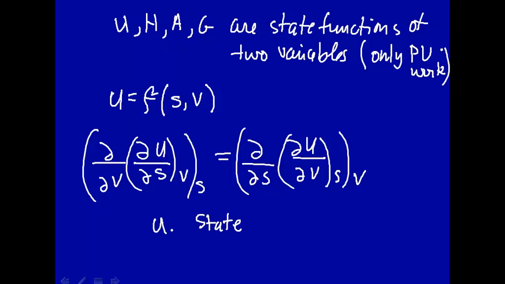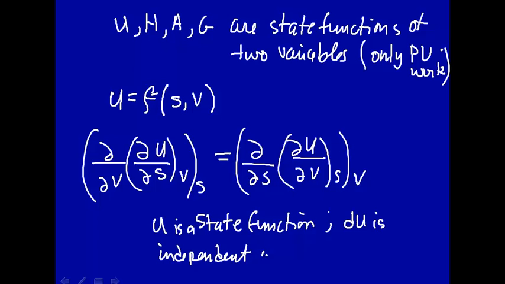So U is a state function, which means that dU is independent of path. So you want to get someplace in three-dimensional space. These are the x and y, and U is z.